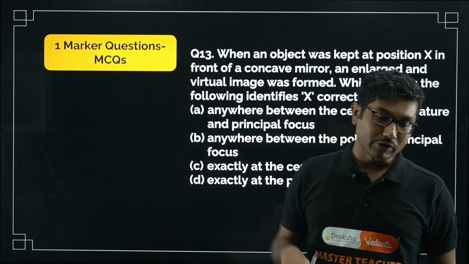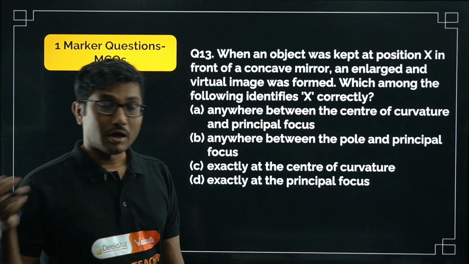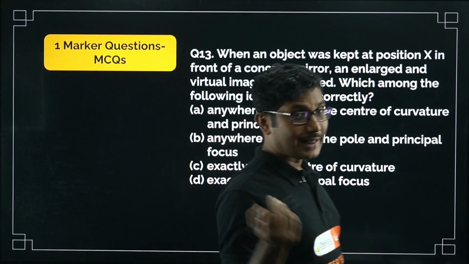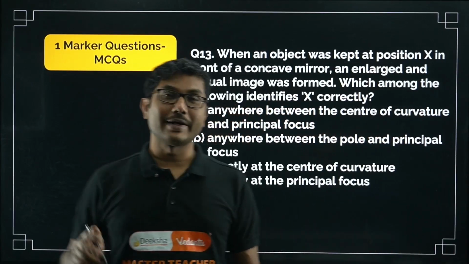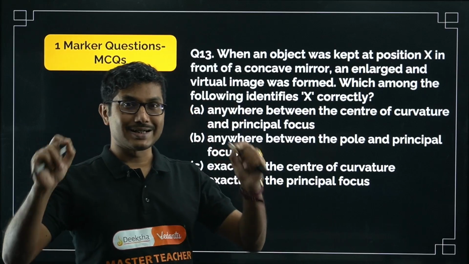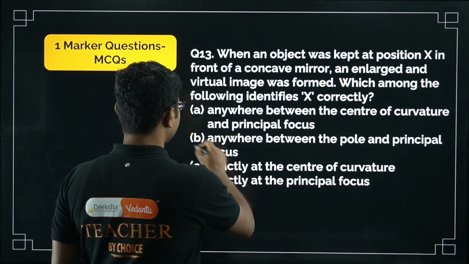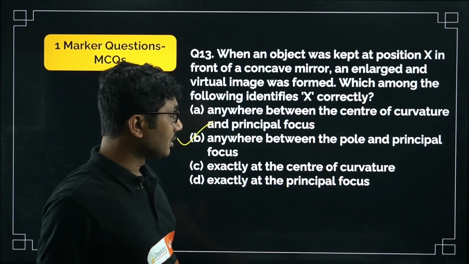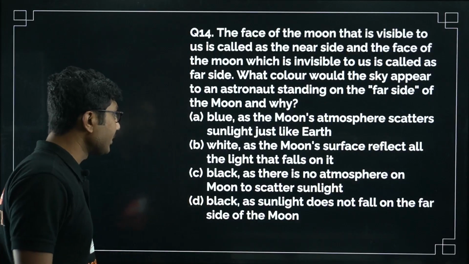If you put it on the focus, the image forms at infinity. That is also a real image, but it is highly enlarged and inverted, so that is also not possible. So only when it is placed between the optical center and the principal focus, there you get the virtual and enlarged image. Now let's move on to the next question.